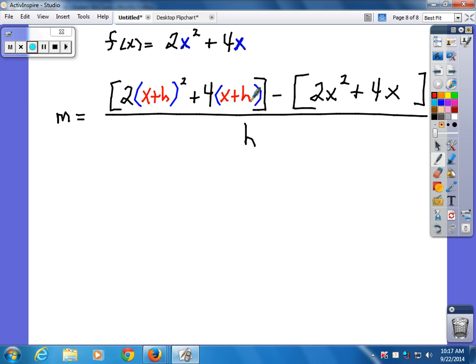I can't make it any simpler. I don't know what else to do. I'm color coding it. So for our answer officially, even though we know that as h gets closer to 0, we still have to record the h. Yeah, you gotta put the h in there. Because you don't know what limit is yet.